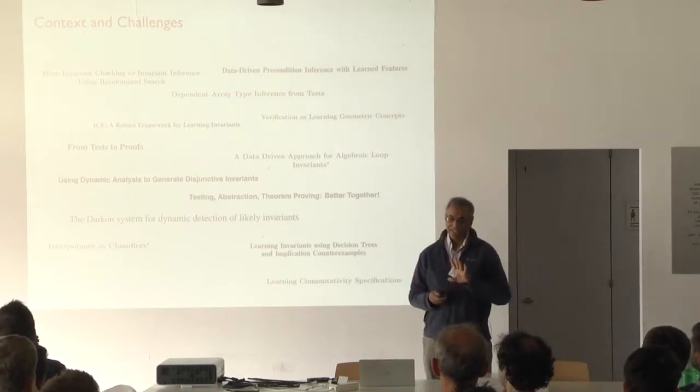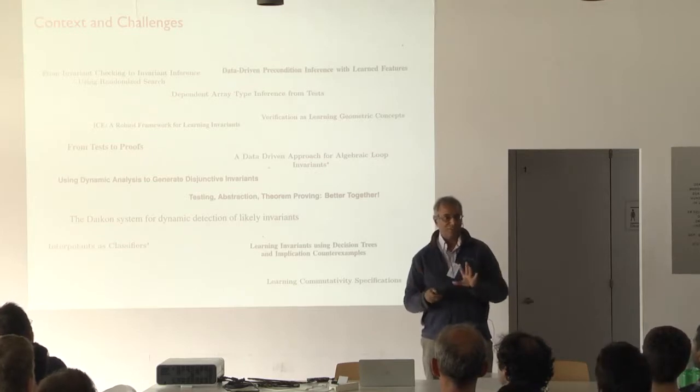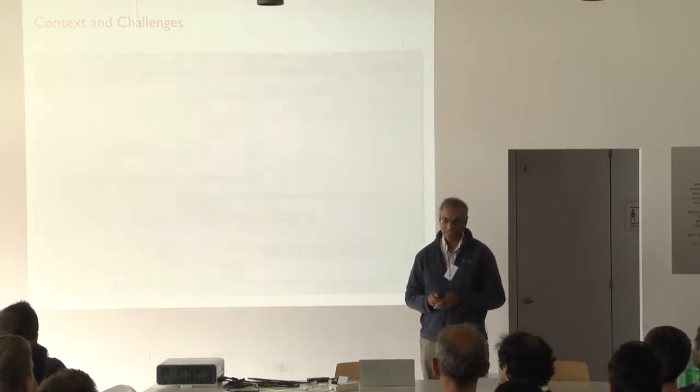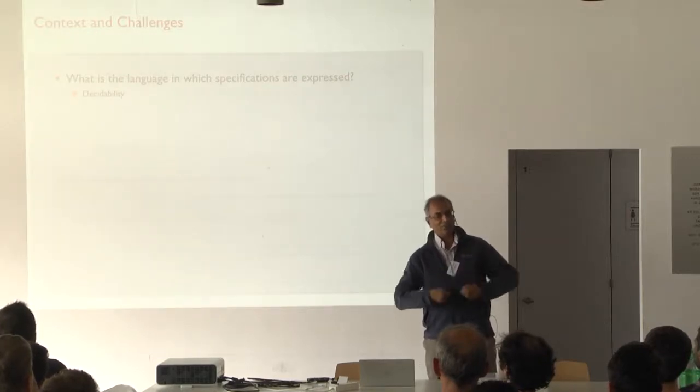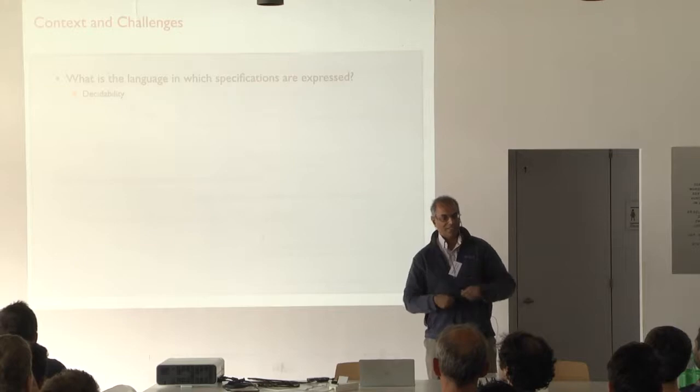Instead of going through all of the details about what these different results have been, I think it's better to abstract things out a little bit and ask the kinds of questions that any purported system that claims to do specification inference has to address.